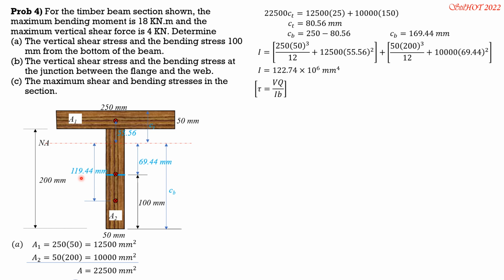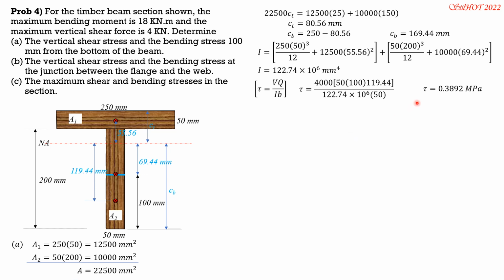So shear stress is 4,000 times Q, which is 50 by 100 times 119.44, divided by the moment of inertia 122.74 times 10 to the 6. Then B is the width of this section, which is 50 mm, this blue section line. So solving for shear stress, it is 0.3892 megapascals.